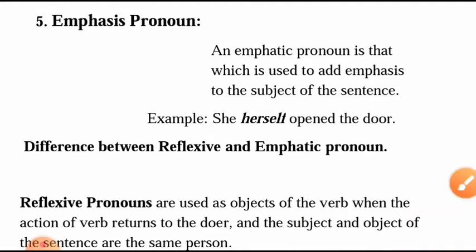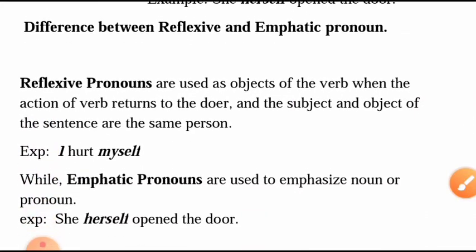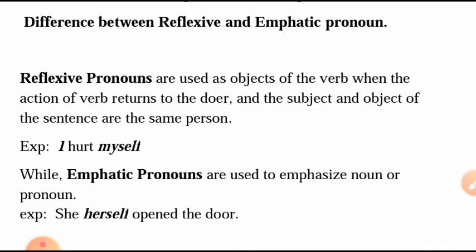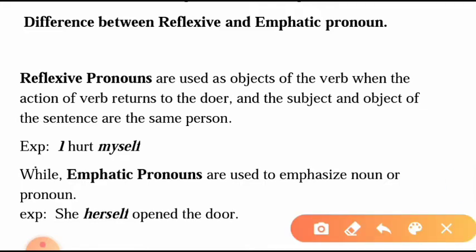So let's see what the difference is actually all about between these two. When you're talking about reflexive pronouns, these are used as objects of the verb when the action of the verb returns to the doer, and the subject and the object of the sentence are the same. As I have mentioned, you can see the example: I hurt myself.